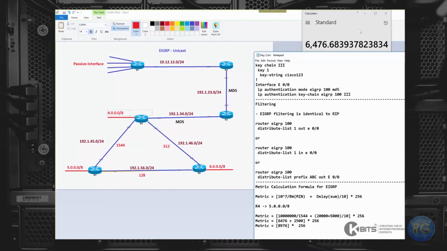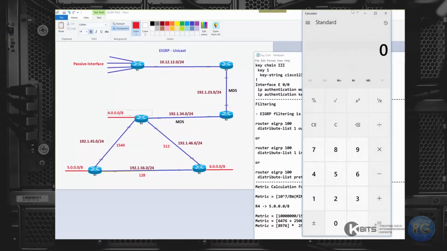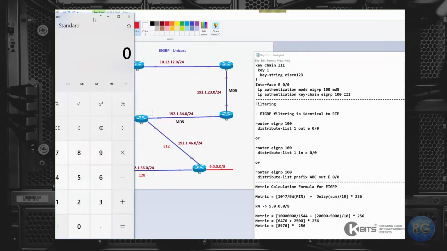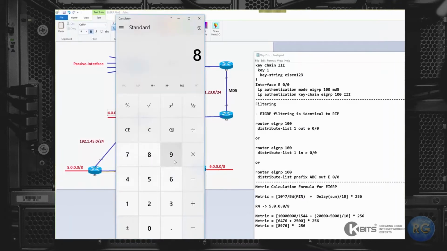Now I'm good at math, but not that good. 8976 times 256, a value of 2297856. Good. That's R4 direct.